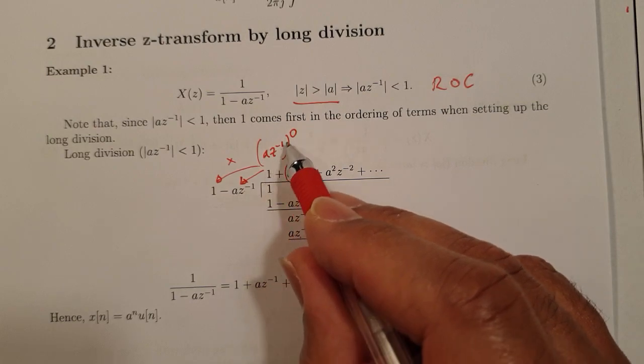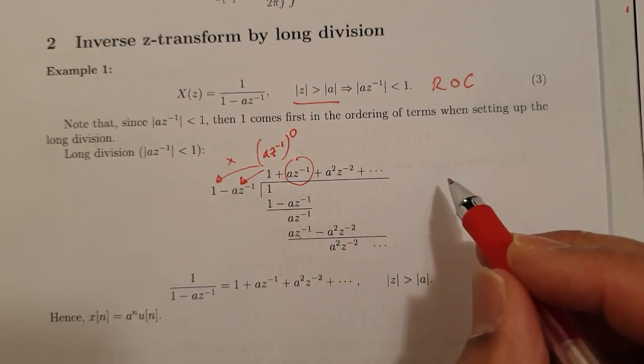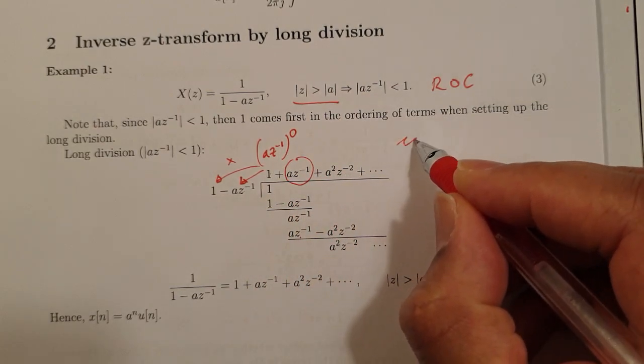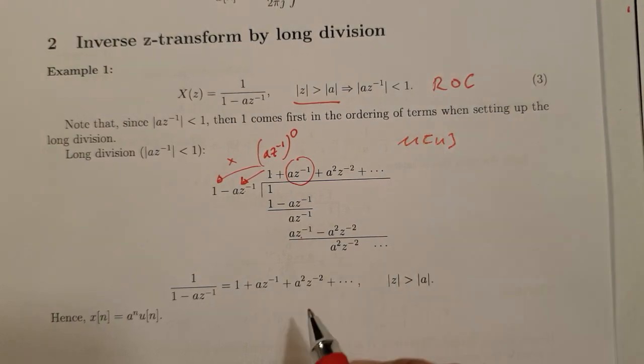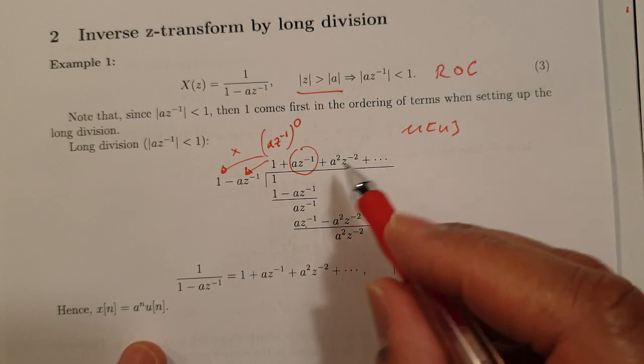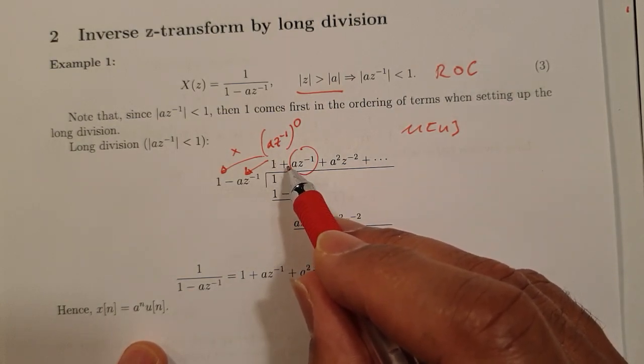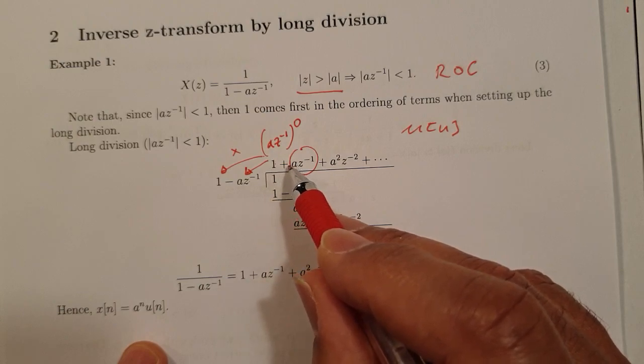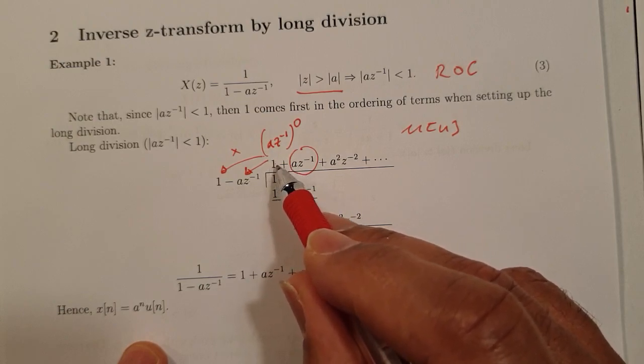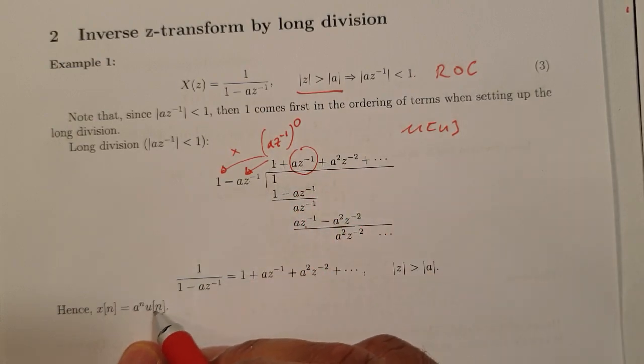So we are starting at 0, then we go 1, 2, and so on. So this is clearly associated with the unit step starting at 0, and the coefficients here are raised to the power of n. So it's a to the power of n, which is 0, 1, 2, and so on, u of n, as you can see here.